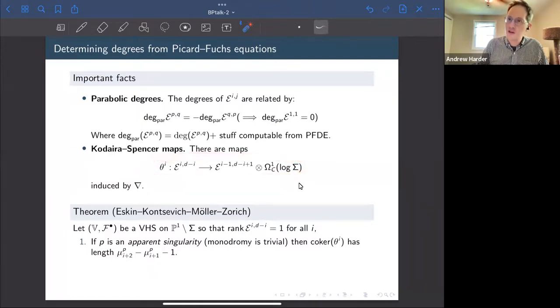These are just extensions of the Gauss-Manin connection, what the Gauss-Manin connection does to these Hodge bundles.